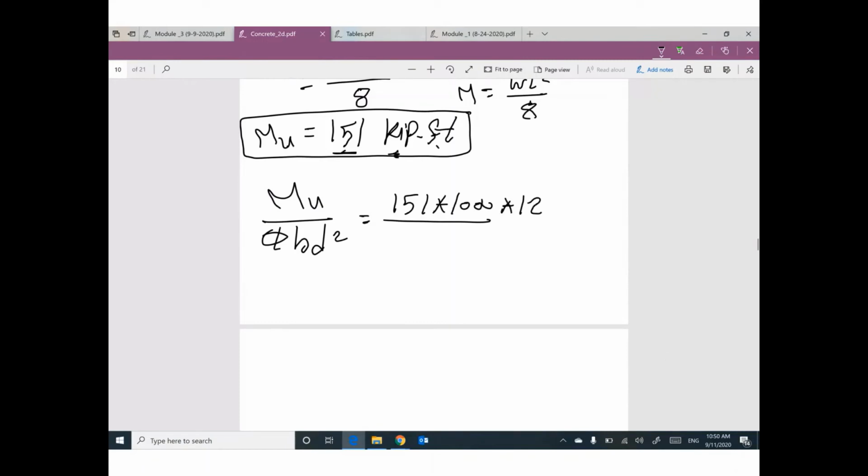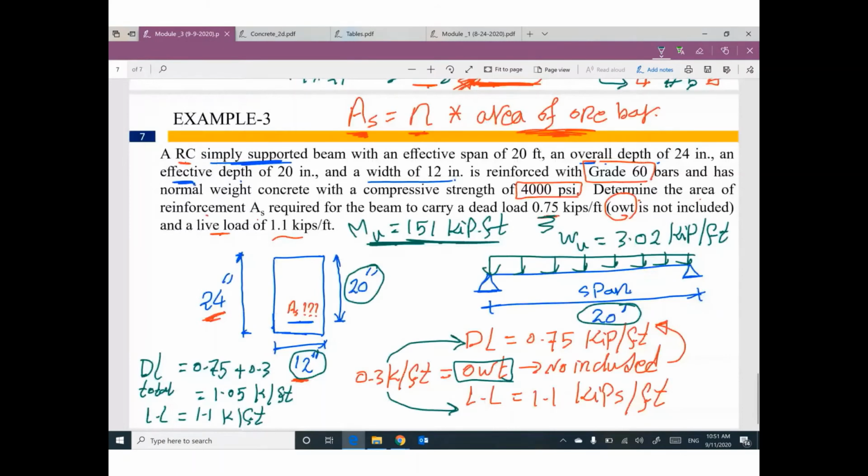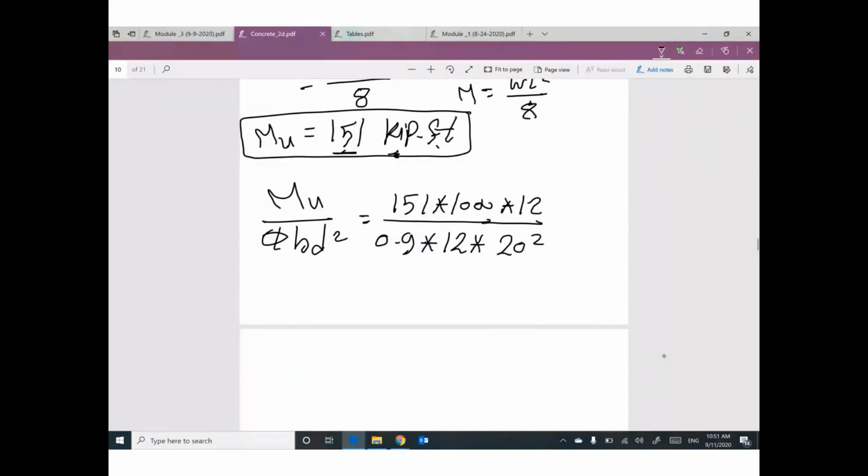Phi 0.9, B 12, D how much? 20, squared. So I can figure out this value. 419.